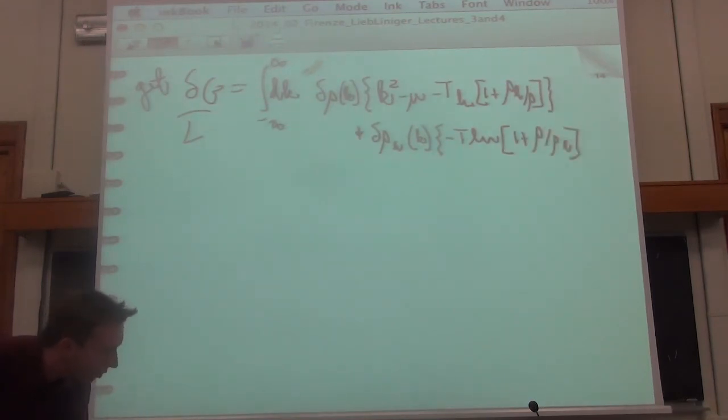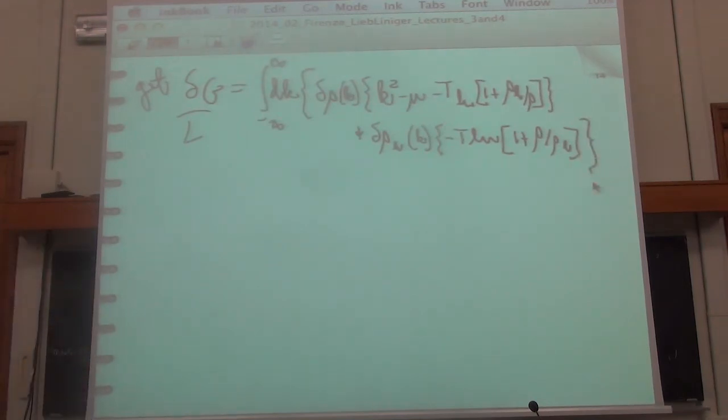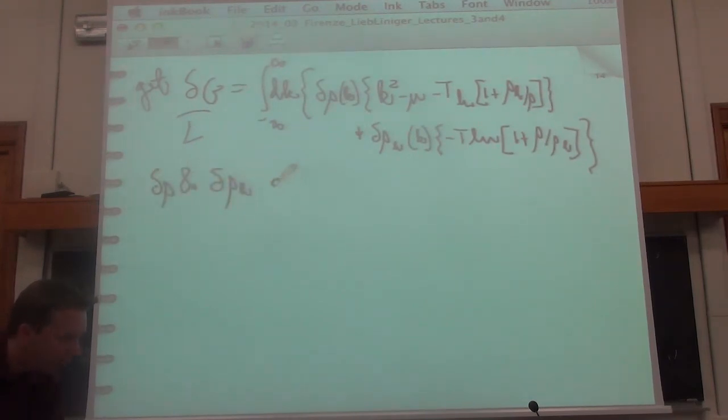We have considered that the variations delta rho and delta rho whole are functionally independent. But this is not the case, of course. Delta rho and delta rho whole are related by the beta equations.